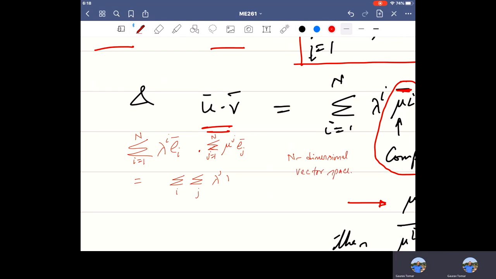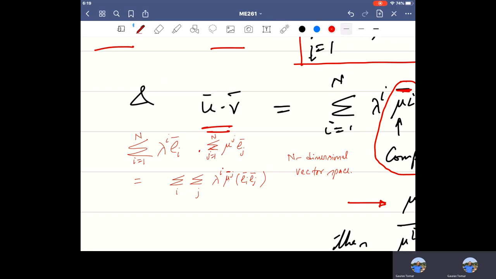Now we'll take the more general example of the inner product in a complex vector space. So for the inner product, we'll have to take care and take the complex conjugate. This is going to give you lambda I mu j, ei dot ej. When you're taking the dot product, we'll just use this.